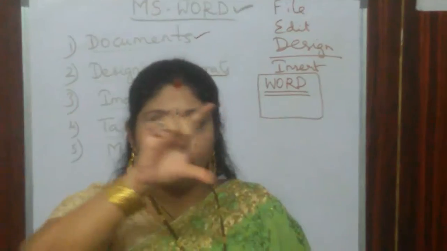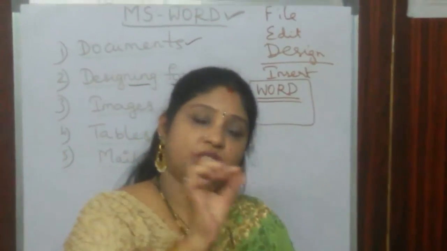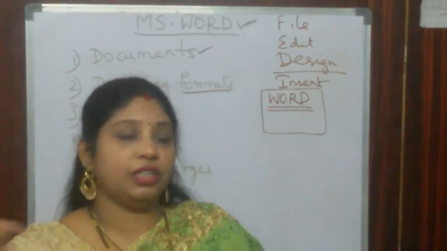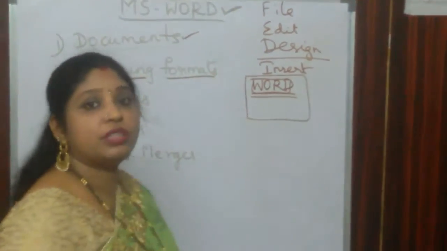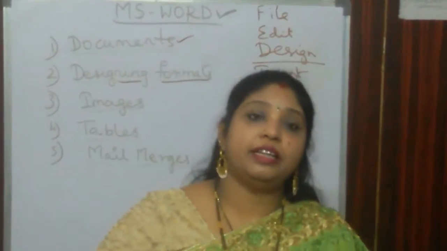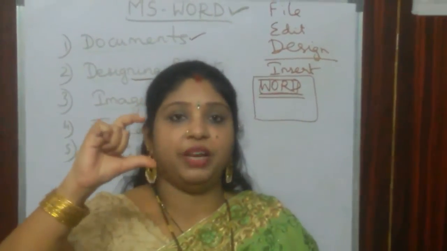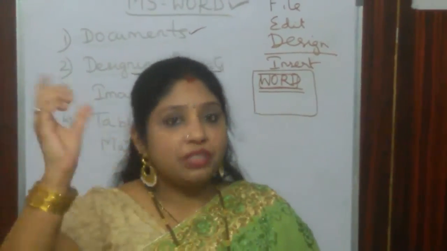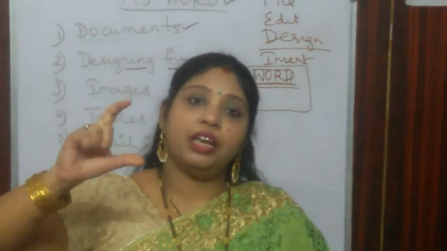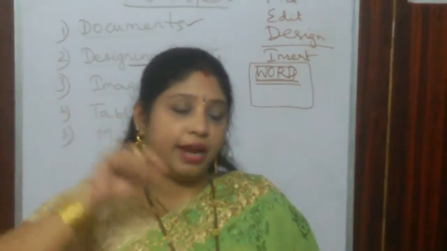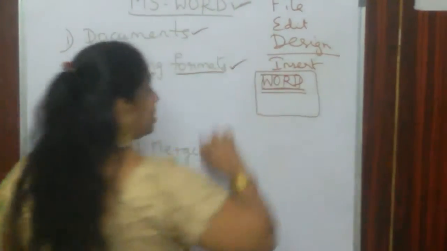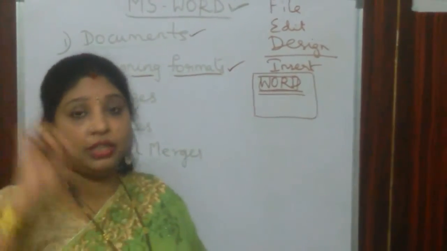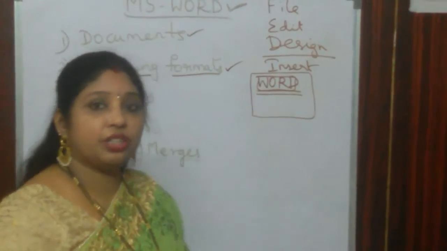For example, if you want bold letters, you have to select the whole word and select Bold. Bold gives thick letters. Italic means slanting letters. Underline means underlining. This is how formatting works, and there are still many more. I will deal with that in the practical session.